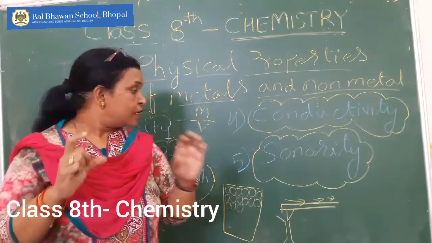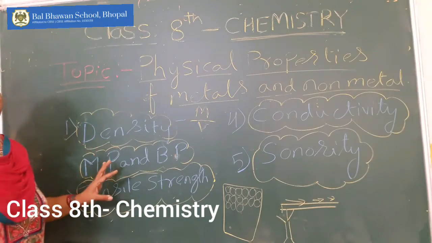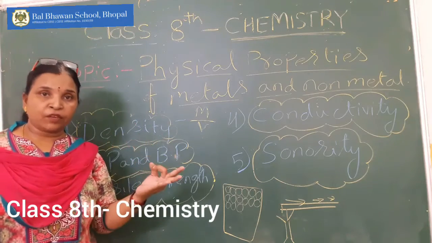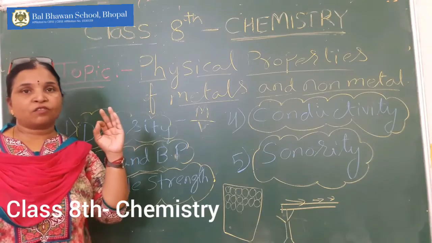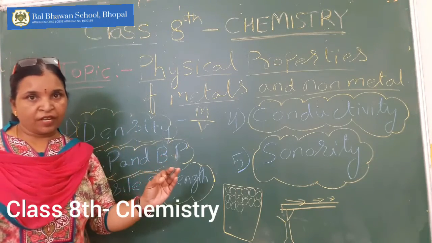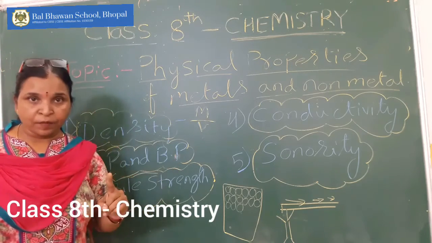Clear? So these are the 5 properties which we have discussed earlier. We have discussed about the state of metals. So state of metal, they are generally solids. Exceptions are there, and all the metals are very hard. Then malleability, all the metals are malleable.